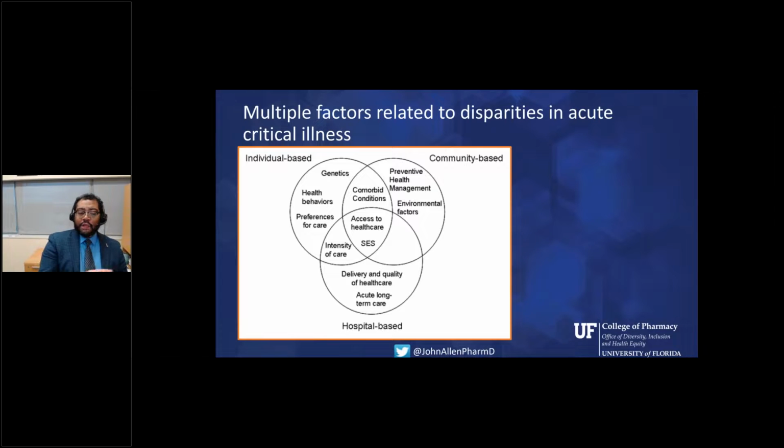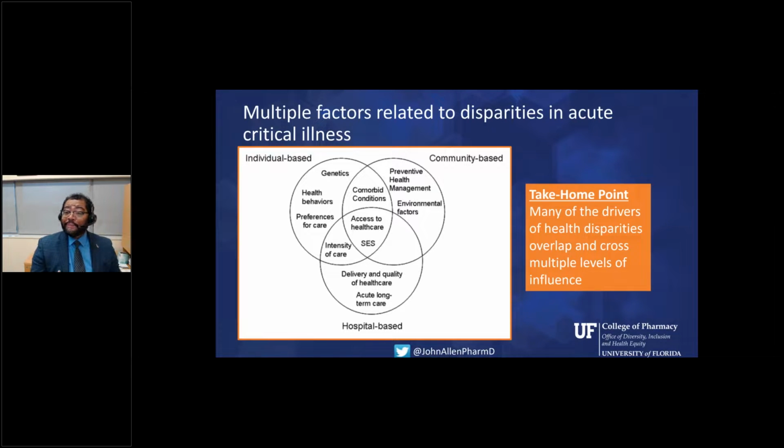And so I wanted to highlight that the factors that we've been talking about, genetics, health behavior, preventative care, environmental factors, community factors, as well as hospital-based factors such as delivery and quality of health care, access to care, intensity of care, etc. All of these factors contribute in some way to disparities in acute critical illness.